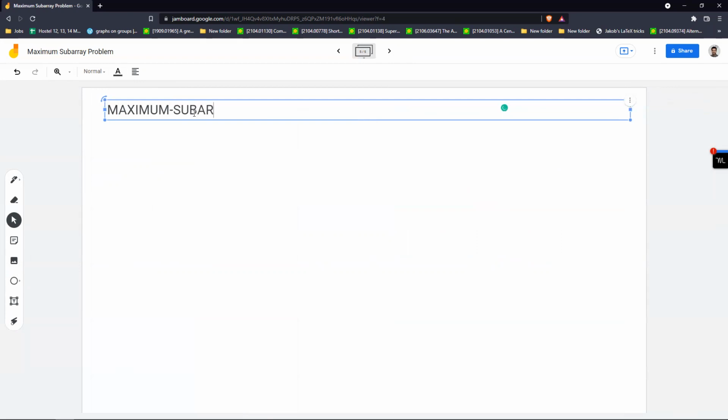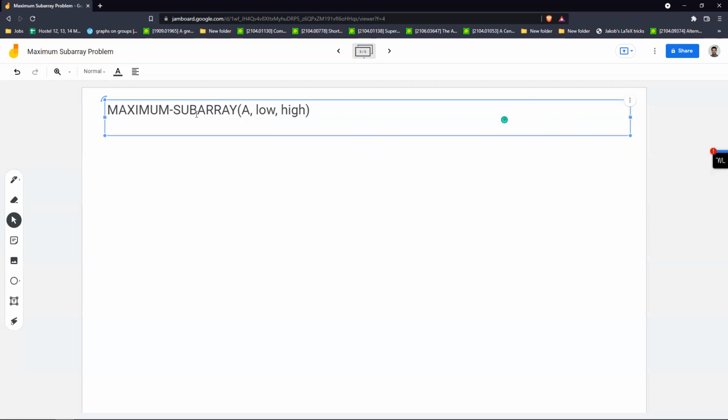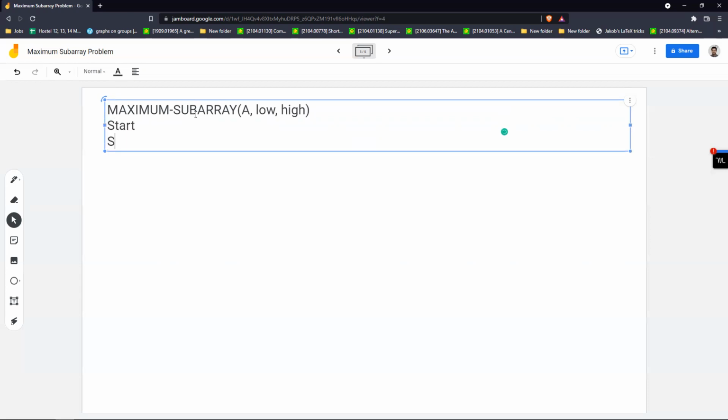Maximum subarray, what are the parameters? A, and then low and high. Those are the parameters. We have the start and stop commands as usual.